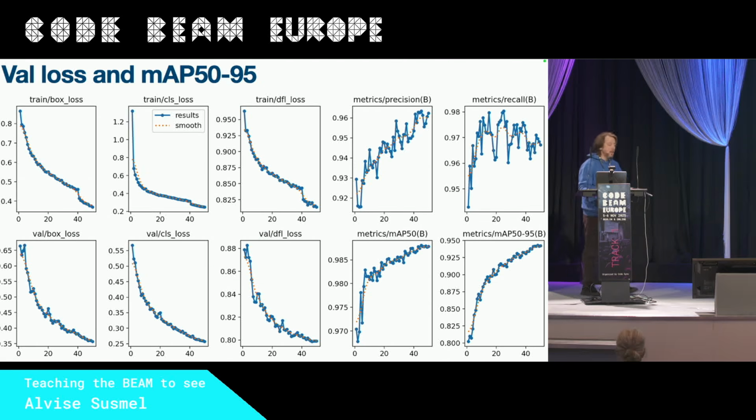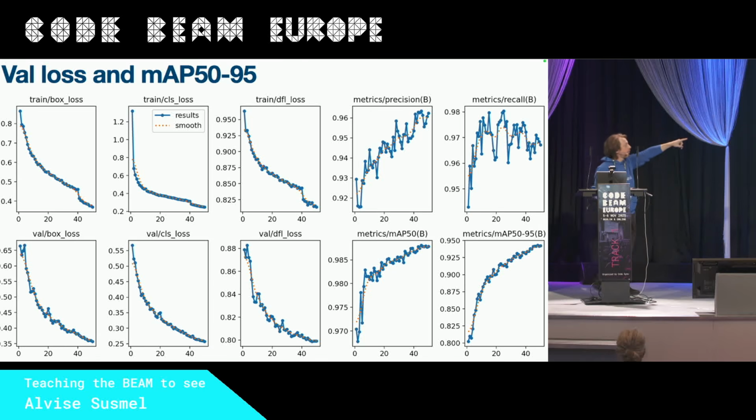When you train a model, this is actually an image that comes out at the end of the training with that tool. The important parts are the validation losses. The losses in general, on the validation data set, need to go down, and the mAP, which is mean average precision, needs to go up.